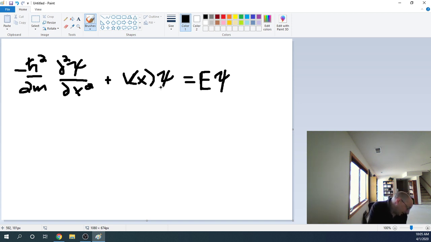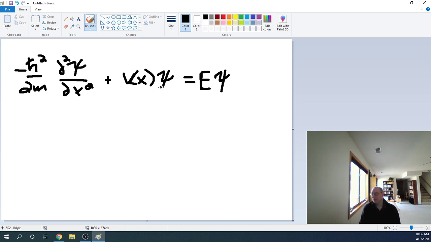I'm looking at it now. I see you're asking about part B. Part B is asking you to sort of dig back into your memory, and is there a potential energy that has this x dependence that you've seen before? I might have mentioned it earlier on when we were talking about the classical potential in general.